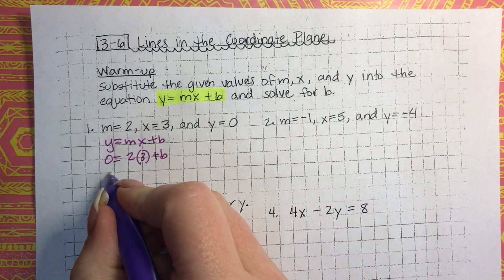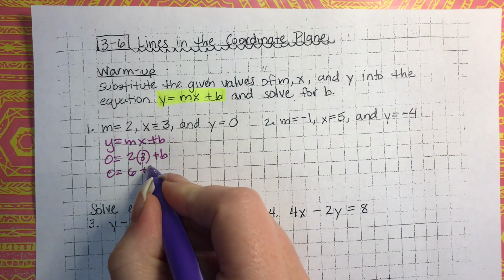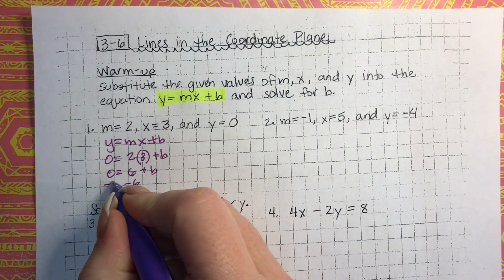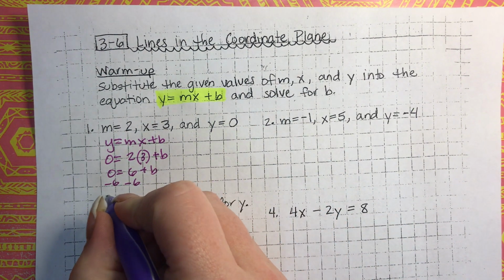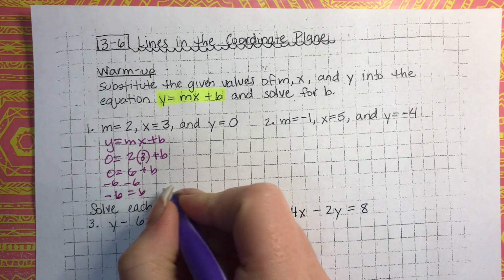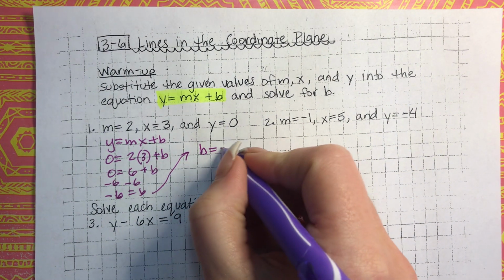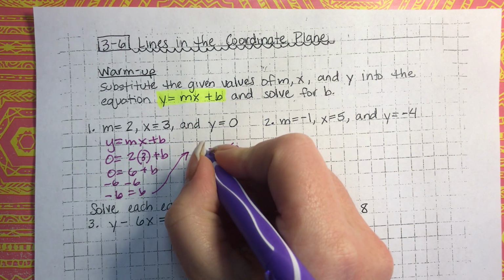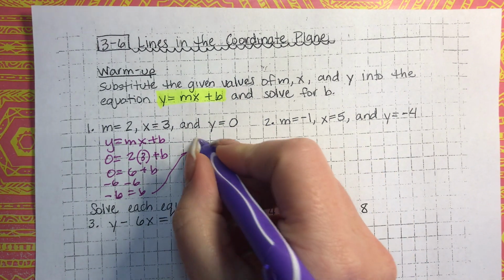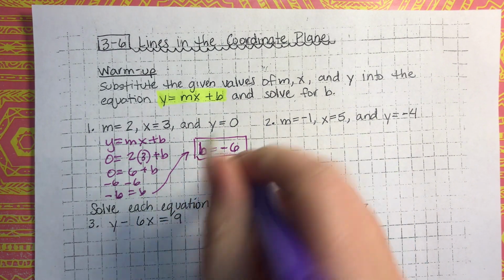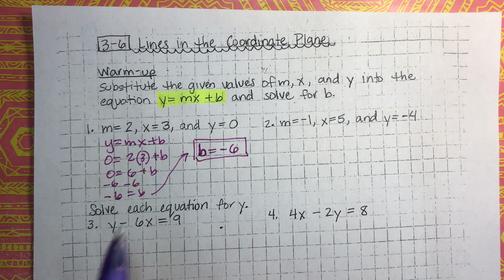I'll simplify this first, and then get b by itself by subtracting 6 from both sides. So I end up with negative 6 equals b, and then I'm going to use the symmetric property and say b equals negative 6. Okay, so if you got that right, and you showed your work accordingly, great job. If you didn't, make sure that your work looks like mine.